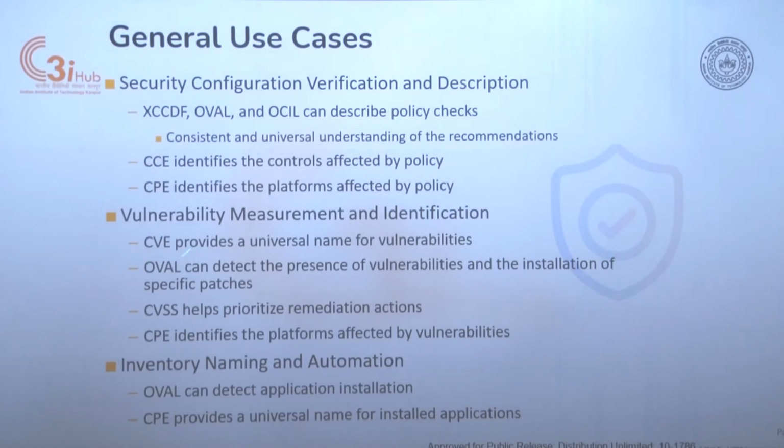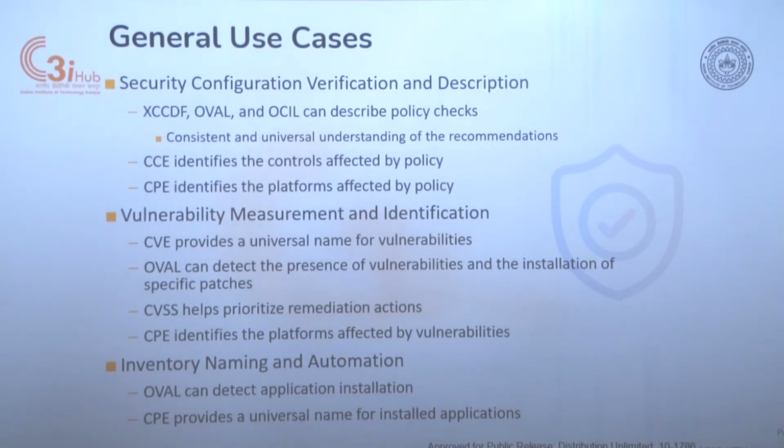So, you have CVEs for naming the vulnerabilities, OVAL for detecting the presence of vulnerabilities and installation of specific patches, and CVSS gives you the prioritization, because you actually prioritize based on CVSS.